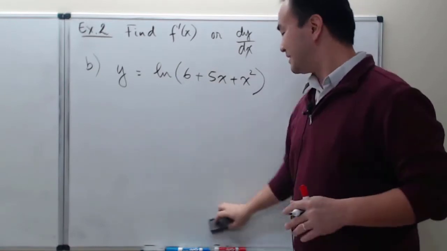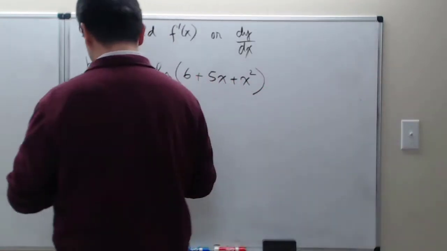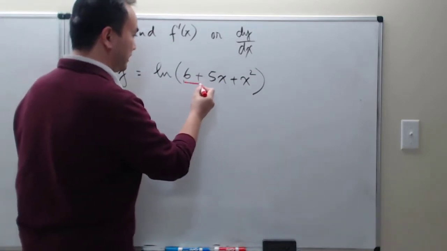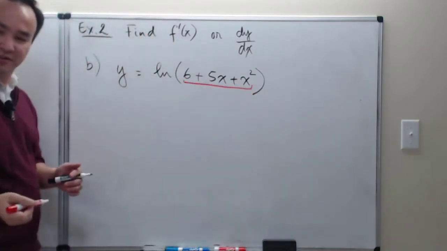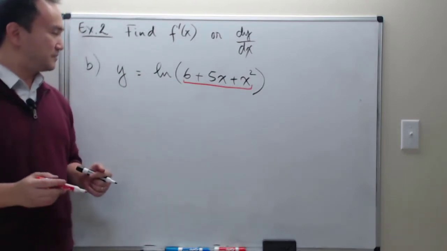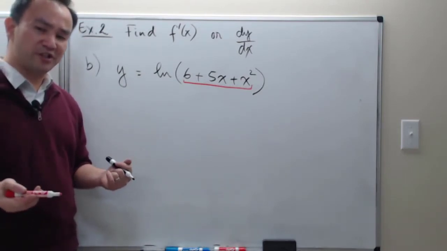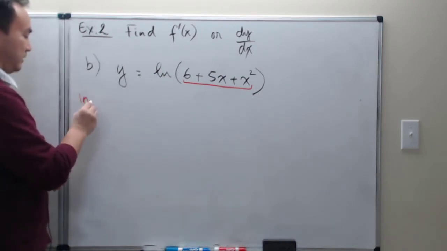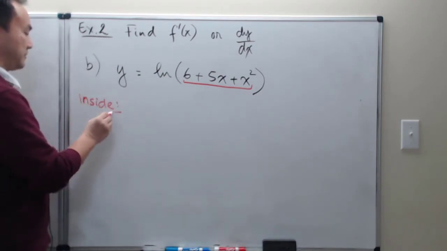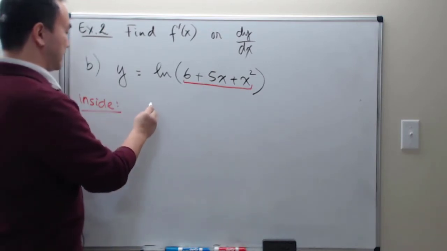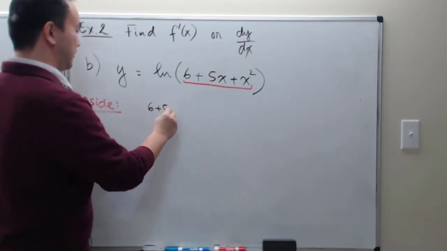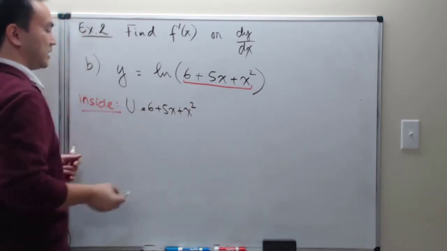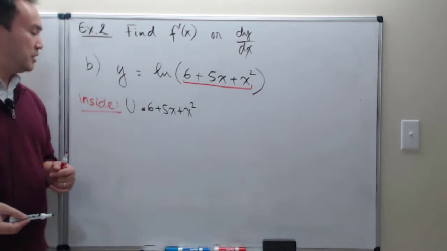Okay, so now again I advise, even though you can try exploring different expressions to be your inside expression ready for the chain rule to kick in, what I recommend right here is that for the inside, I'm going to take all that 6 plus 5x plus x squared, and we can substitute it by a variable u.